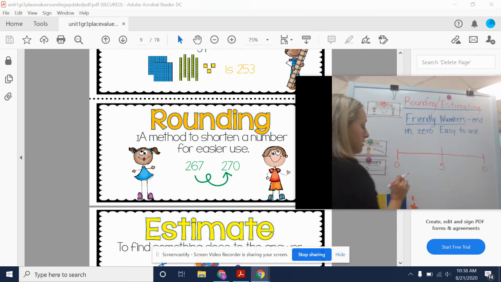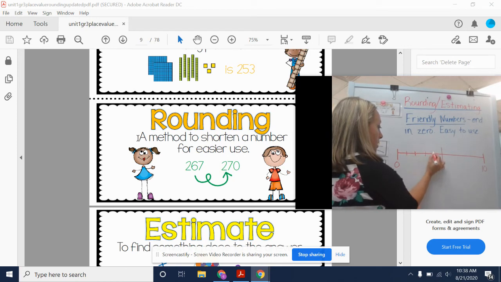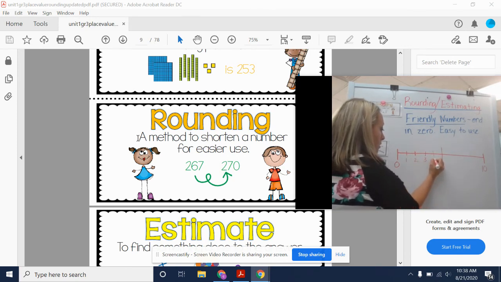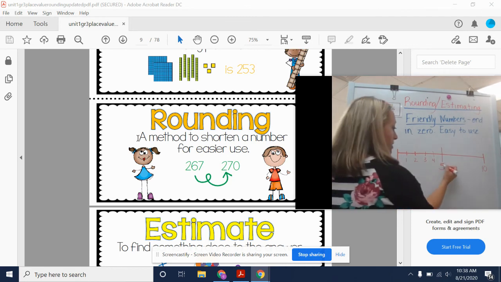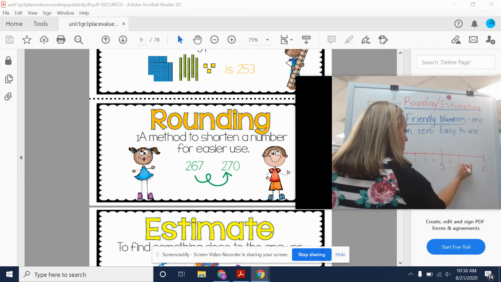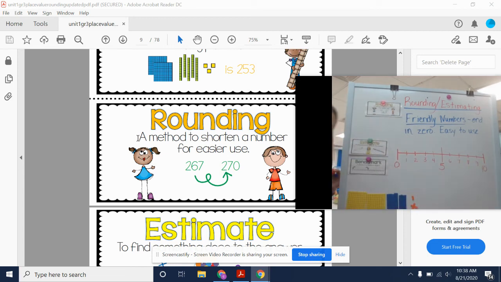Draw a big long line, start at 0, 10, right in the middle, put a 5. In between the 0 and the 5, you're going to make 4 little marks. 1, 2, 3, 4. In between the 5 and the 10, you're going to do 6, 7, 8, 9. This is the easiest way to learn how to round.